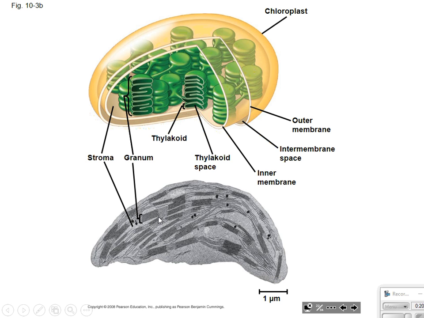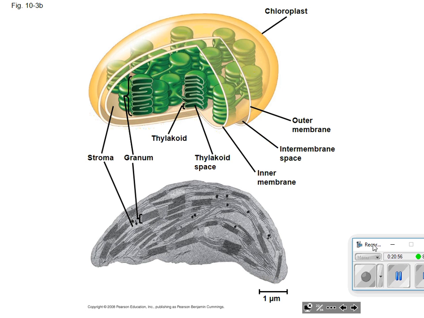I think, ladies and gentlemen, what we're going to do now is I am going to give you a diagram of a chloroplast that looks similar to this one up here. I'm going to leave this up here because you're going to cut this and put this into your interactive notebook.